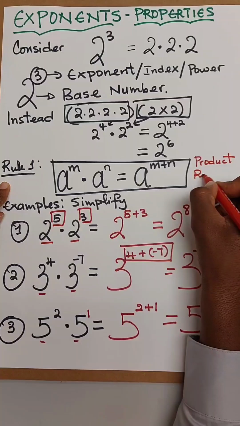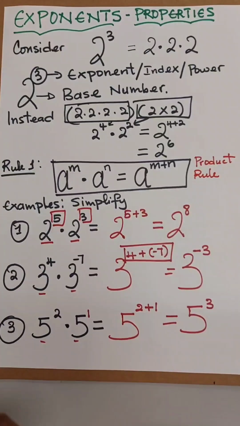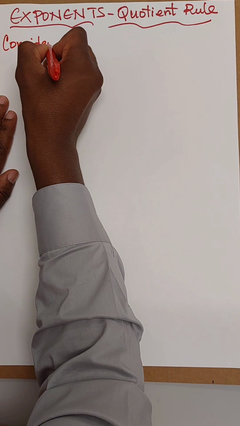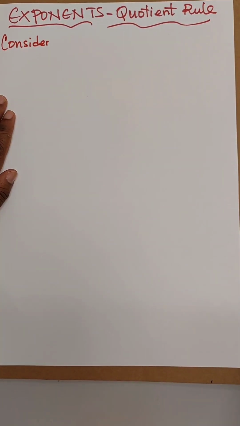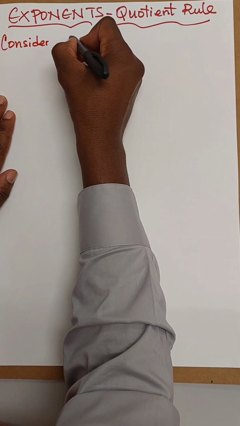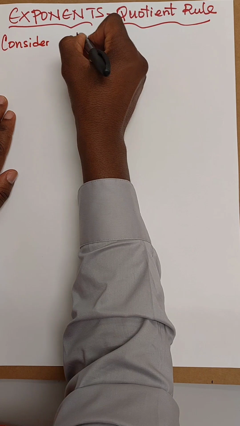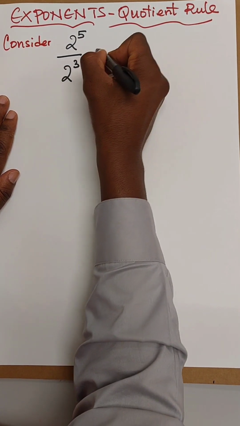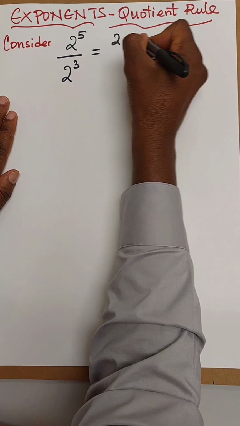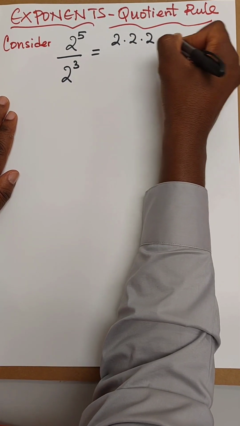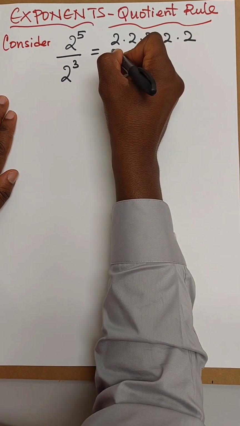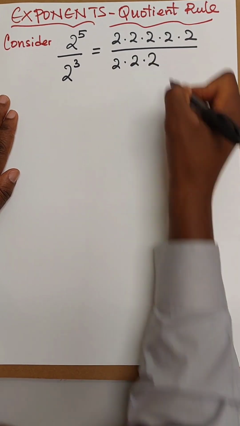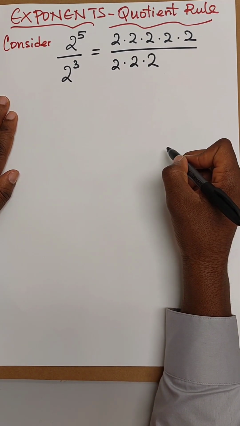So product rule. Let's consider that we wanted to divide 2 to the 5th divided by 2 to the 3rd. This is the same as 2 times 2 times 2 times 2 times 2, 5 of them, divided by 2 times 2 times 2, 3 of them.